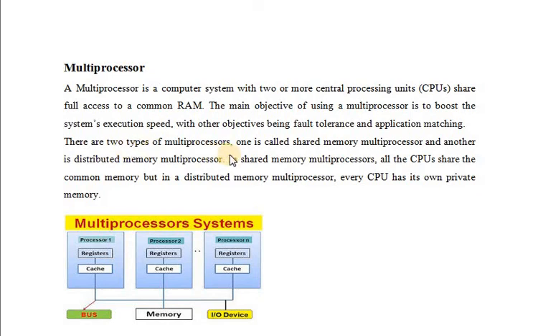There are two types of multiprocessor. One is called shared memory multiprocessor and another one is distributed memory multiprocessor. In shared memory multiprocessor, all the CPUs share the common memory. But in a distributed multiprocessor, every CPU has its own private memory.